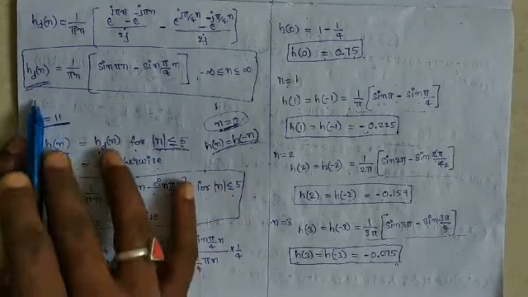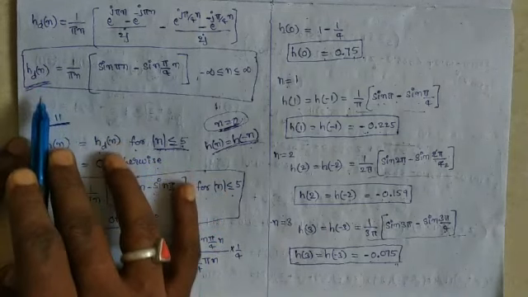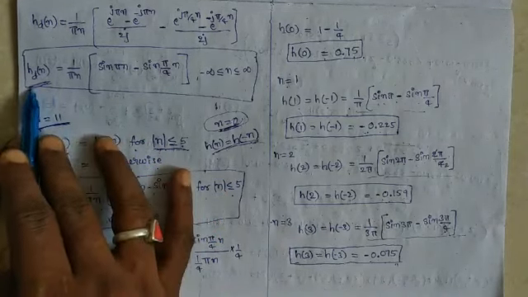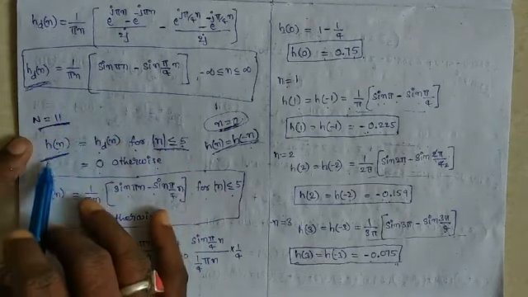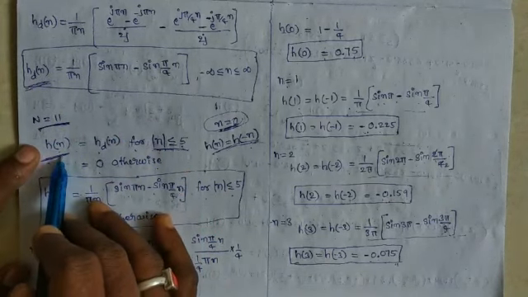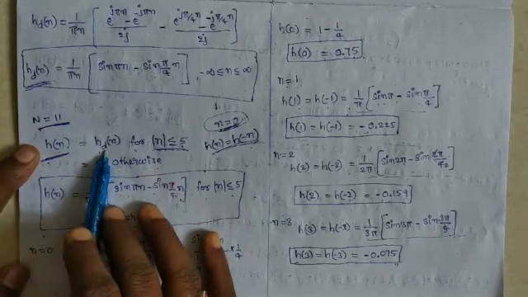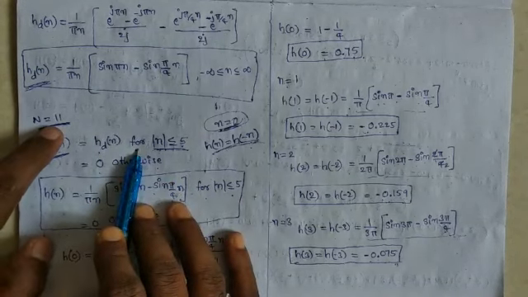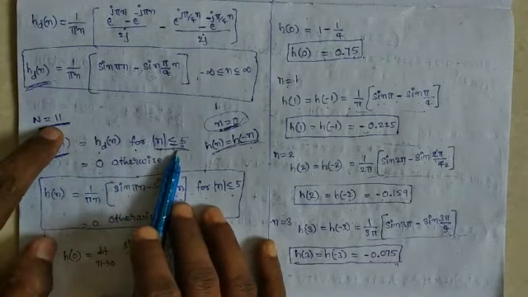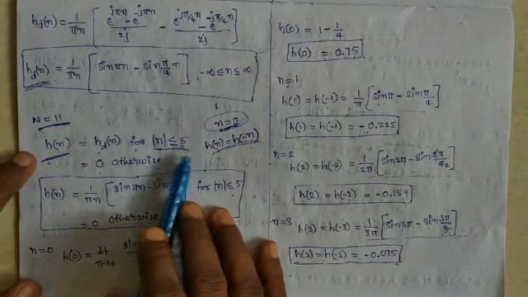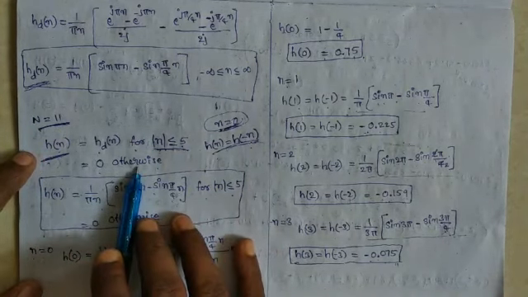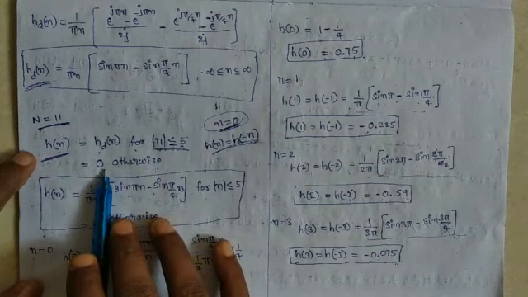Truncating hd of n, the impulse response h of n is equal to hd of n for mod n less than or equal to 5. The remaining values are 0.